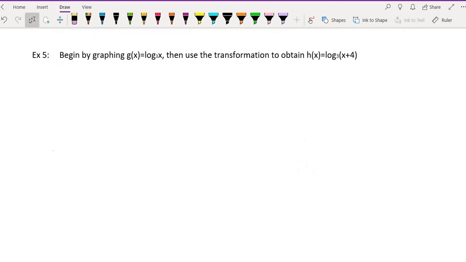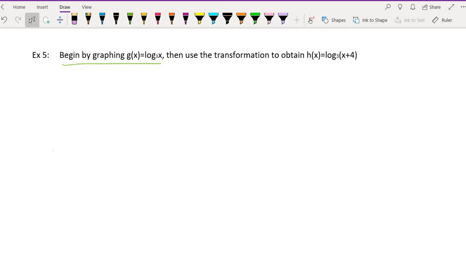So example 5, what we want you to do is to begin by graphing g of x equal to log base 3 of x. Then use the transformation to obtain h of x equal to log base 3 of x plus 4. Okay? So first you have to remember what you have to do. You have to follow the directions.